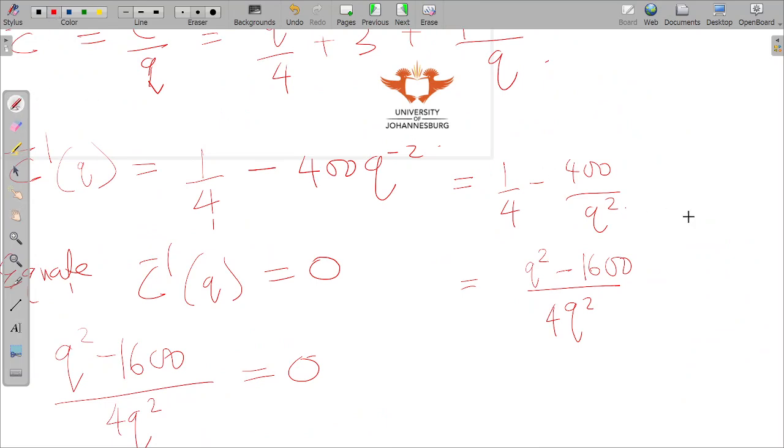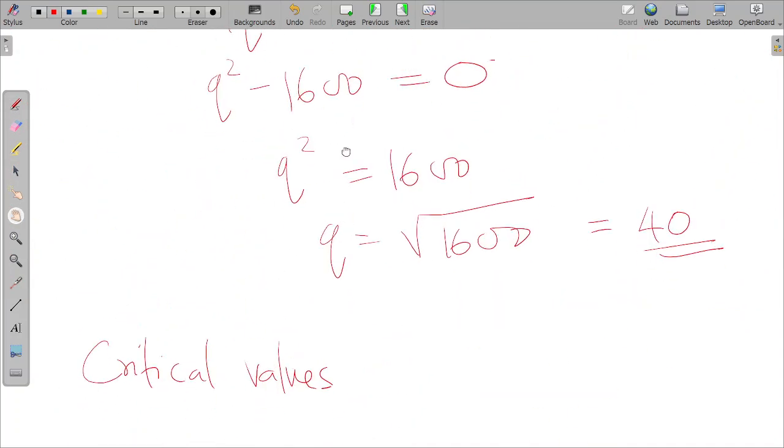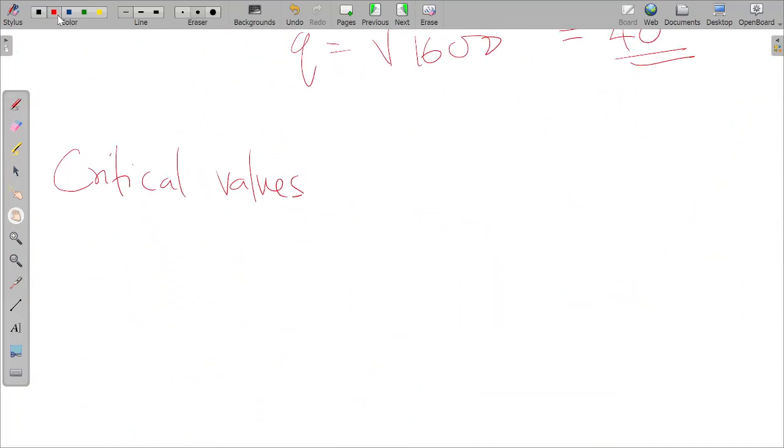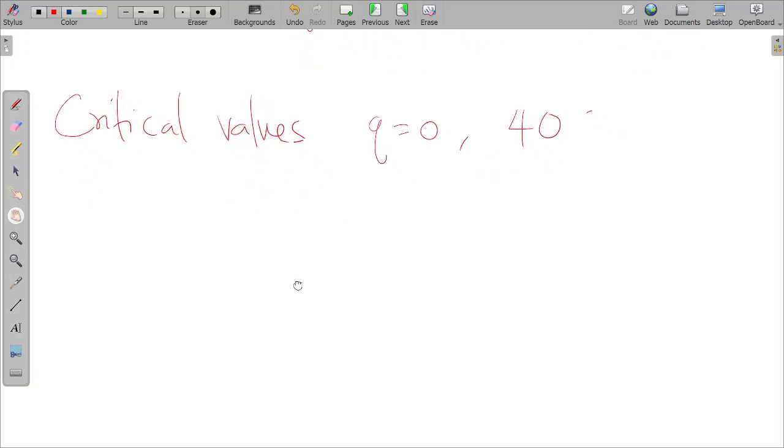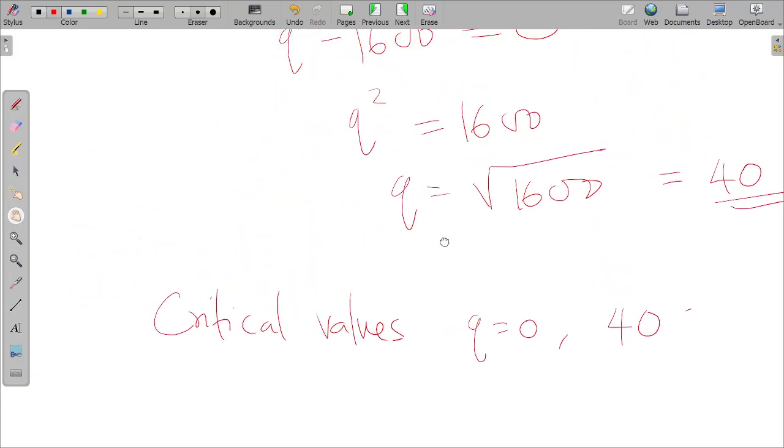The first derivative will not exist when q equals 0. So that is part of the critical values. So now we have critical values q equals 0 and 40. That's our critical value. Now we need to check which one is a minimum.